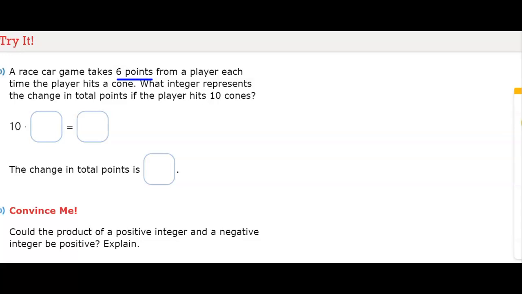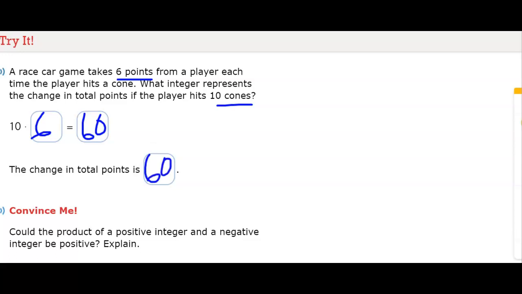If they hit 10 cones, how many points is that? We would have to do 10 times the 6 points, because there's 6 points each time. So 10 times 6 is 60, and the change in total points is 60.